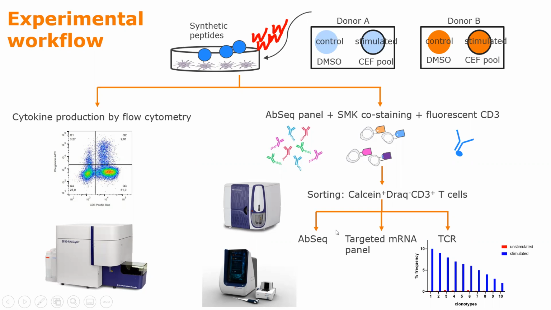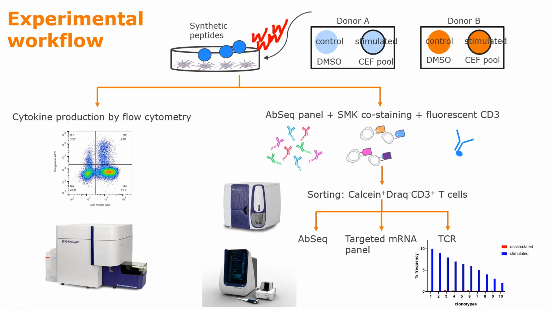We quantify expression levels of 400 genes using our human immune response panel. We utilize 20 BD Ab-Seq protein markers associated with different status of T cell activation, and we profile the immune repertoire at a single cell resolution.